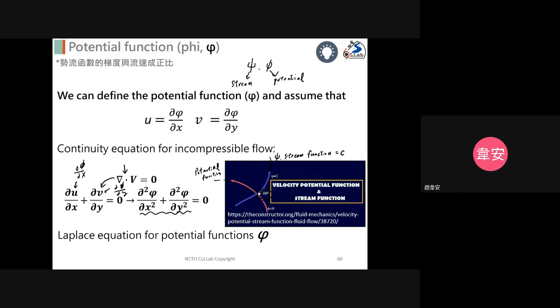The stream function is related to the streamline, and the potential function is the line perpendicular to the streamline. So these are two very important parameters to describe the flow.